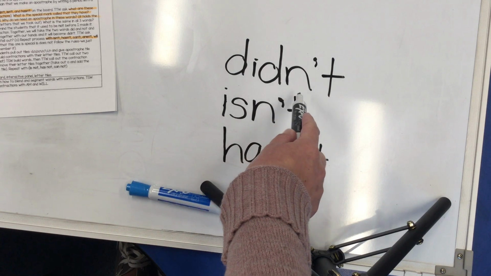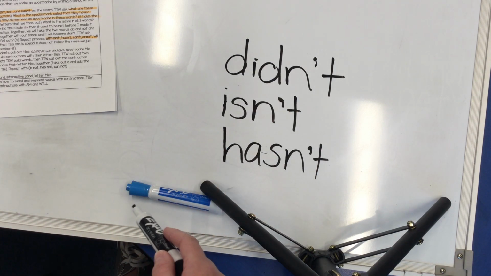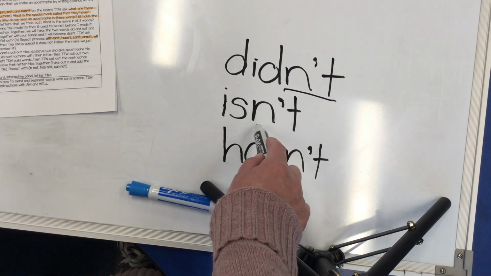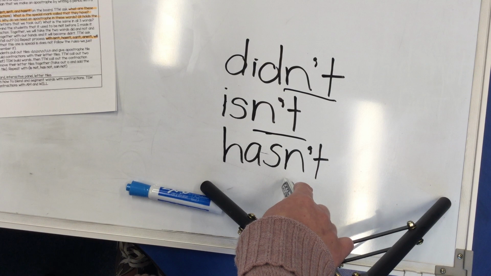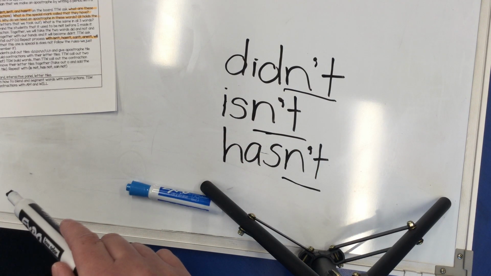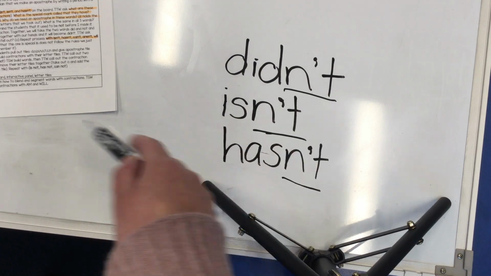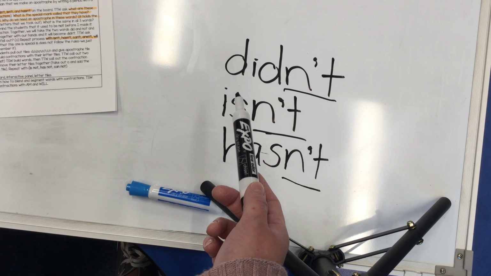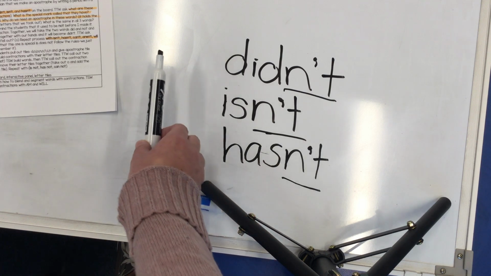So what do you notice is the same in all three of these words? You see it? What did this word used to be? Do you remember? It used to be not, before I made it into a contraction. So now let's take the two words.